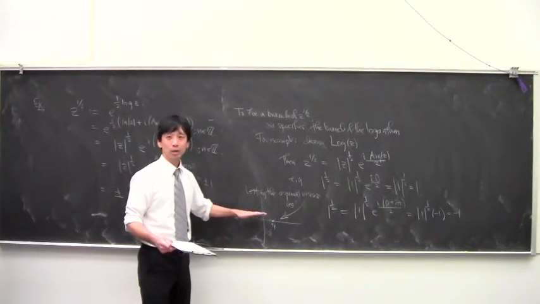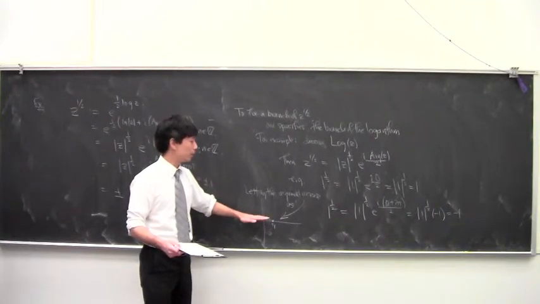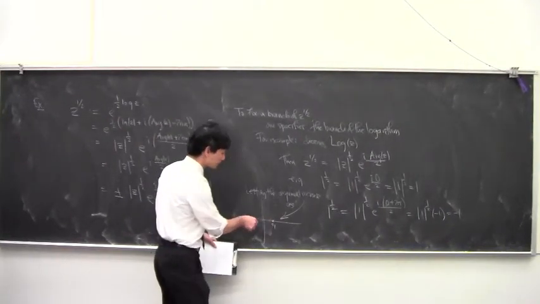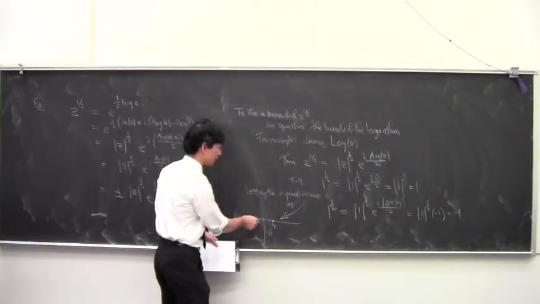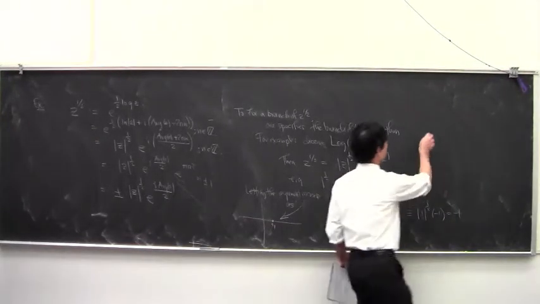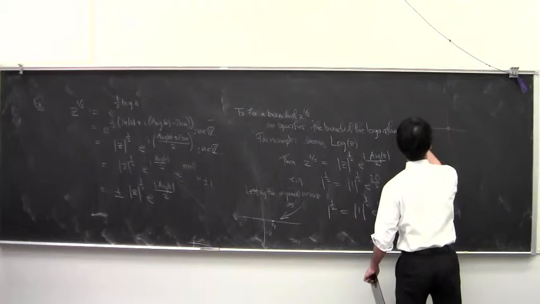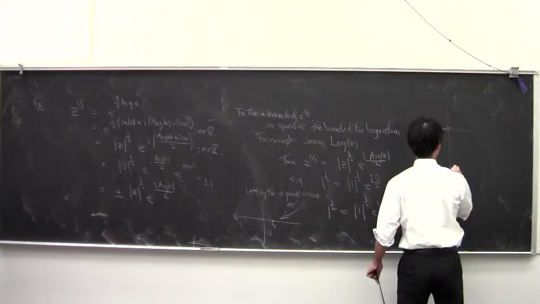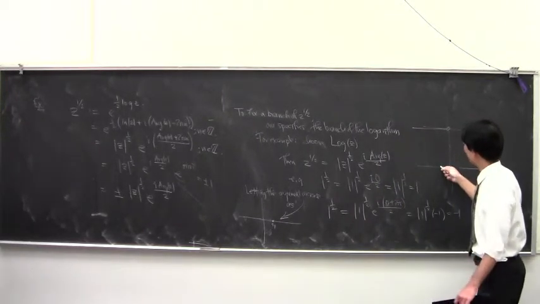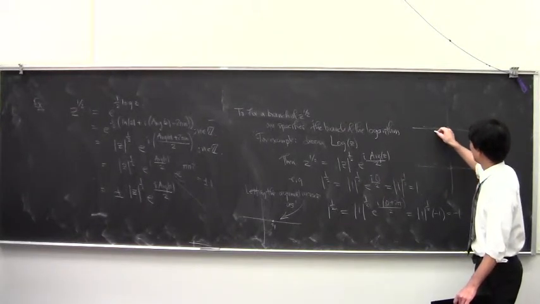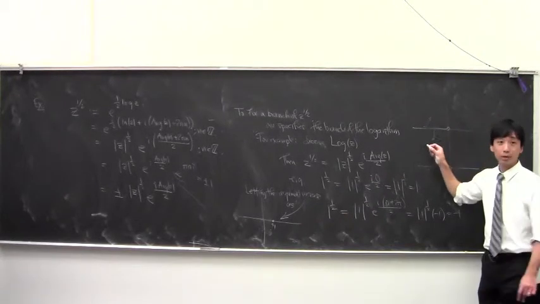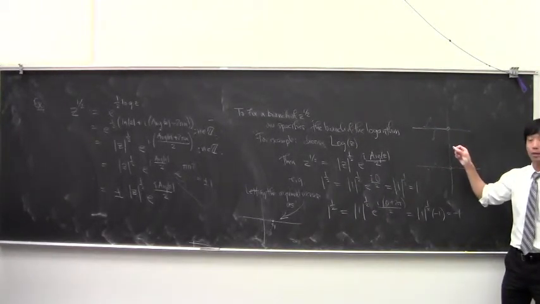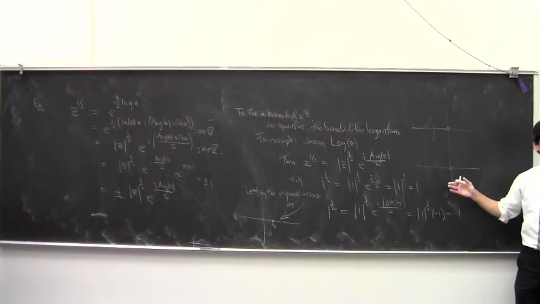So in this case, the Riemann surface that you're talking about is one where when you cross this line in either direction, you end up on another copy. So there are two copies of the complex plane, and when you cross here, you come over here, and when you cross back this way, you end up coming back over here. It's a two-sheeted surface.